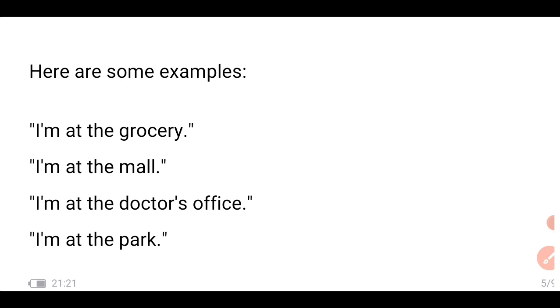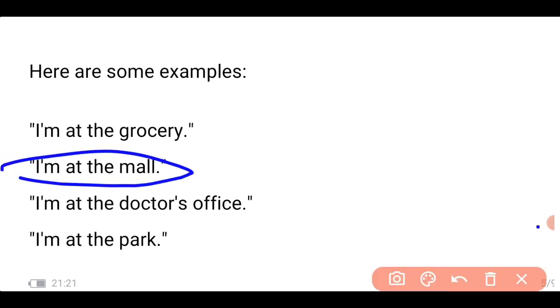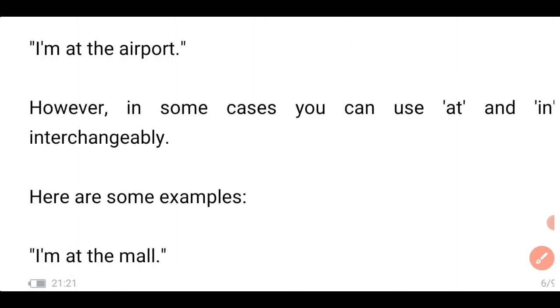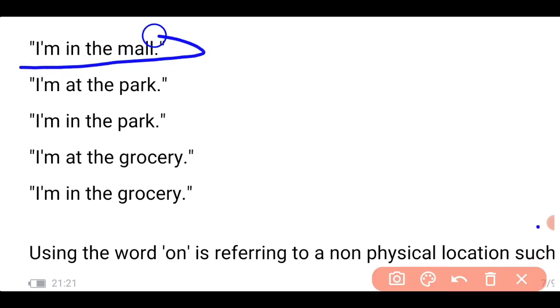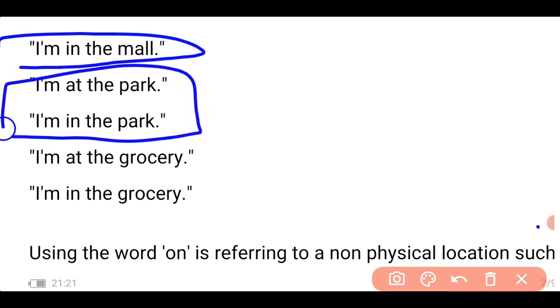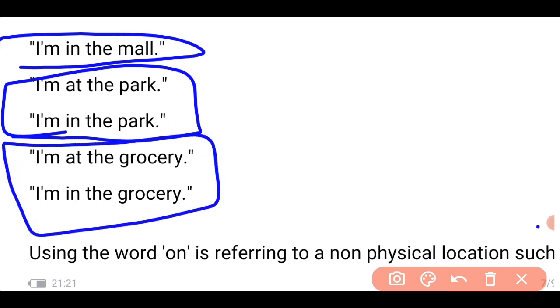I am at the mall, right? Look here, interchangeable. I'm at the mall. I'm in the mall. I'm at the mall or I am in the mall. Similarly, I'm at the park. I'm in the park. I'm at the grocery. I'm in the grocery.